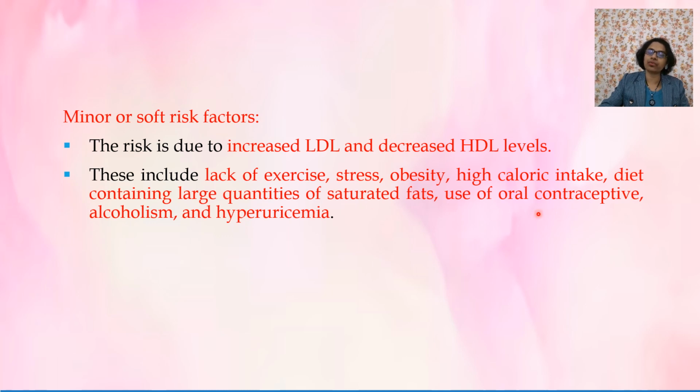Oral contraceptives are certain pills the person may be consuming because of hormonal imbalances. Also they may be frequently consuming alcohol, and there is hyperuricemia, where the uric acid level increases in the blood.